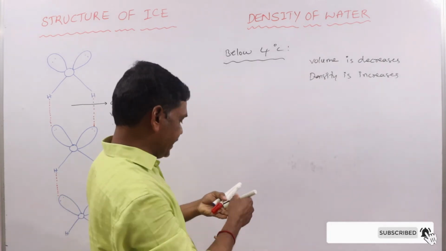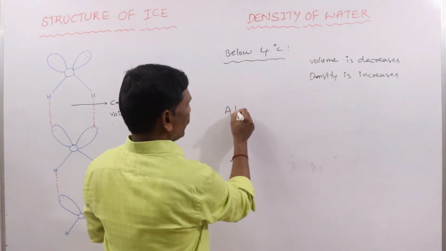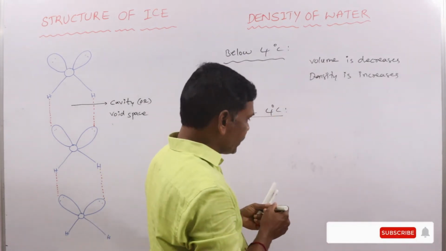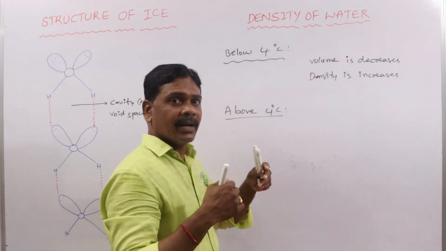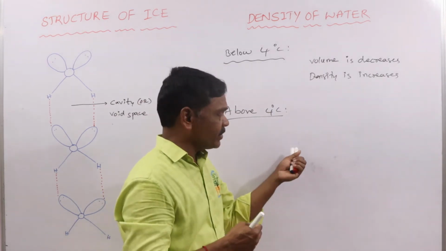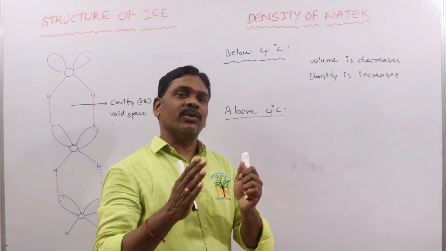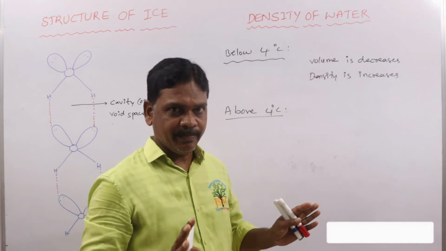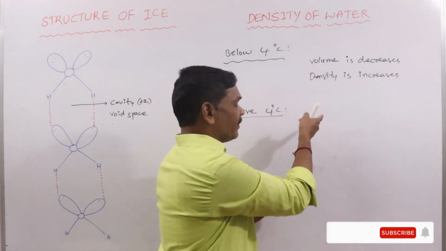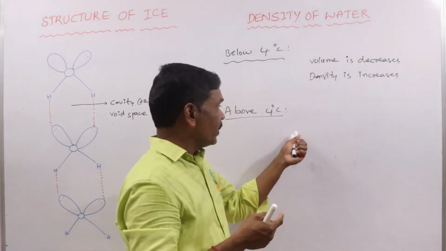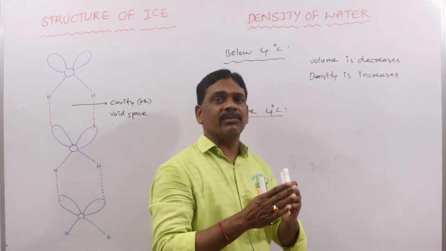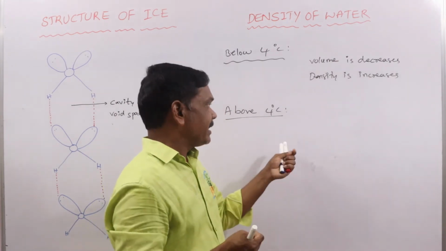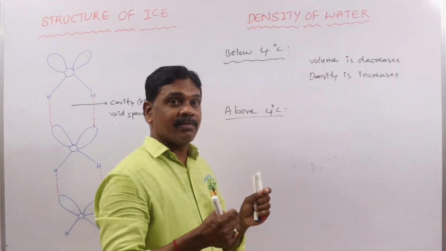If water is heated above 4 degrees centigrade, here also the hydrogen bonds present between water molecules will be broken. Above 4 degrees centigrade, all water molecules are moving far away from each other, because the kinetic energy of water molecules increases.